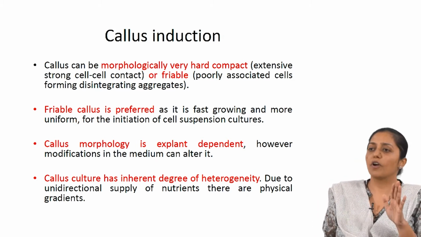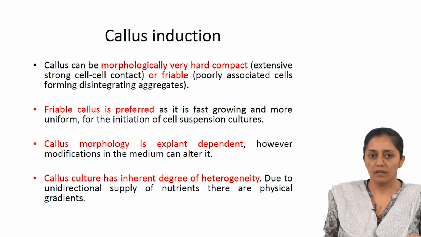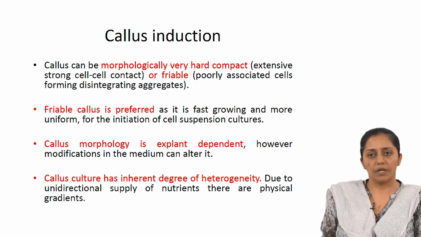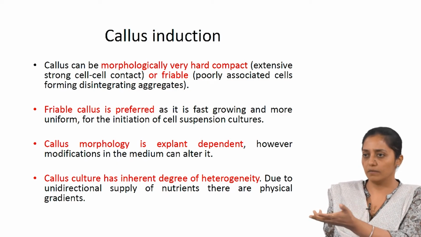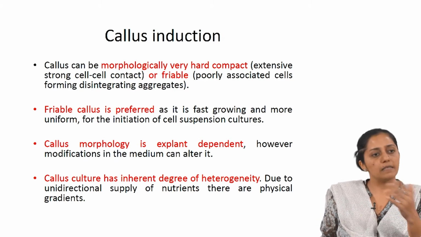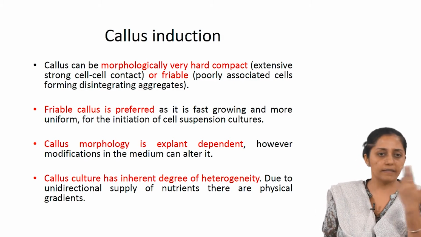If you want to exploit plant cells in vitro, you need to mass produce them, isn't it? Now, mass producing the callus, you can do it 2 ways. You continue to divide the callus in this solidified medium, or you disperse the cells and bring them in suspension, and then continue to divide and scale it up.